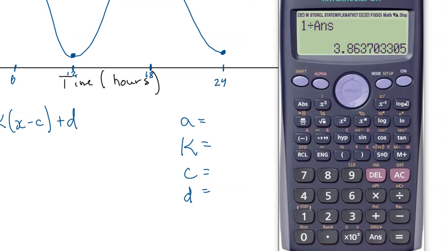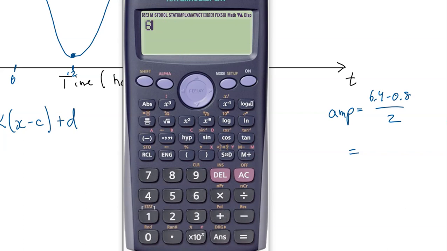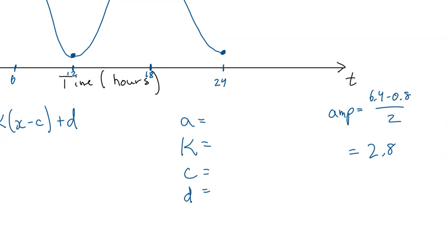Very good. 2.8. So A is negative 2.8, right? Negative 2.8.